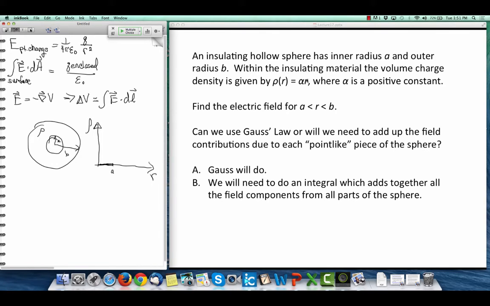This graph shows how rho starts out at a finite value at A and increases linearly till radius B, to the outside.